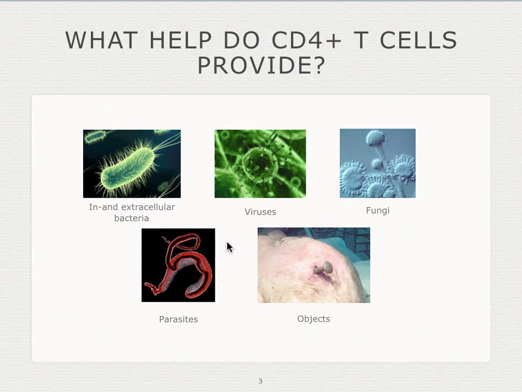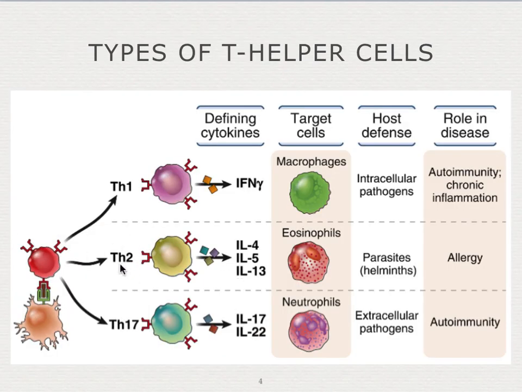But of course we are exposed to many other threats like viruses, fungi and parasites. So in this class I'll talk about Th2 and Th17 responses that can help out with parasites and extracellular pathogens like fungi.